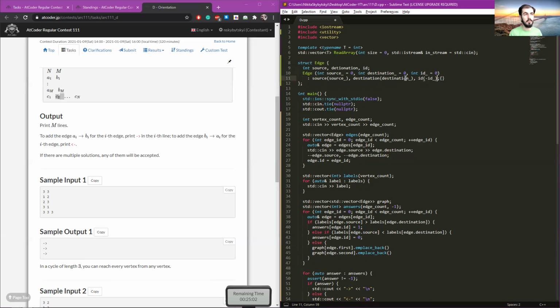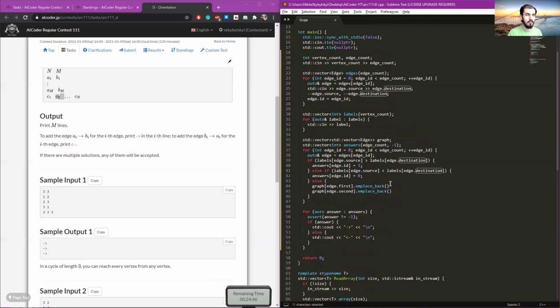It gets initialized from ID. I believe that's it. Then we can place back what? Edge. Don't necessarily need to know this vertex, right?